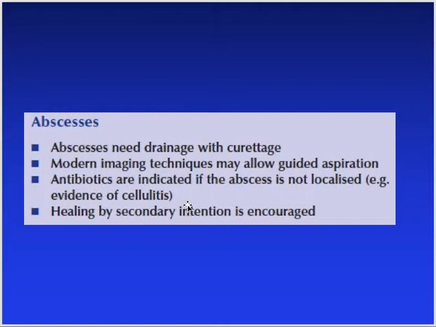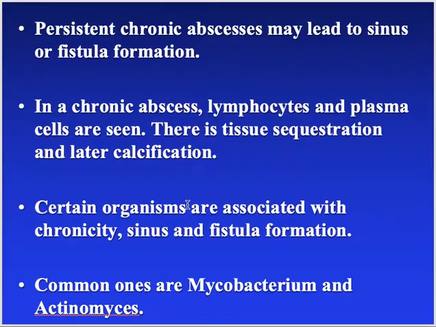Okay, but the important thing is, the drainage is very, very important. So if the abscess is not drained and it is left chronically over there, of course it can change into a persistent chronic abscess, which can form a sinus or fistula. And later, a chronic abscess can also be calcified.